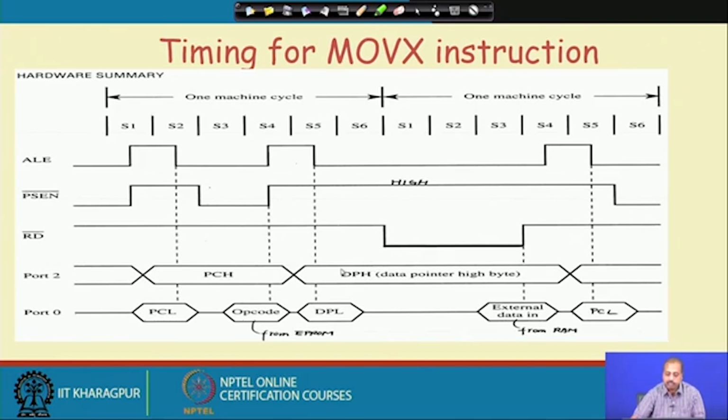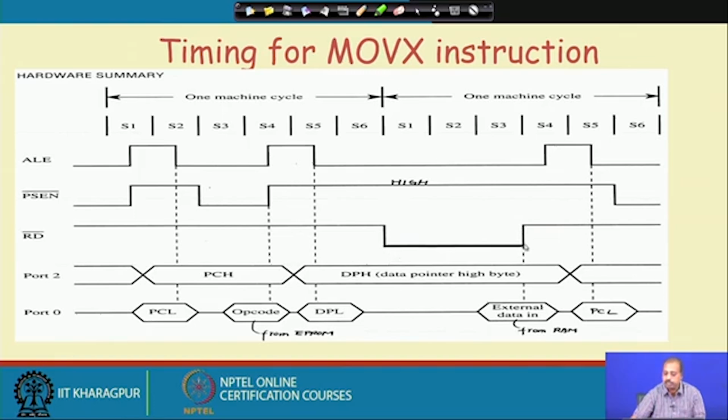DPH will be put onto port 2, because through that the external address bus will be connected to the external RAM. DPL goes on port 0, which is multiplexed with the data bus. So, the higher order address bus has the content of DPH, the lower order address bus has the content of DPL, and then the read bar signal is activated.